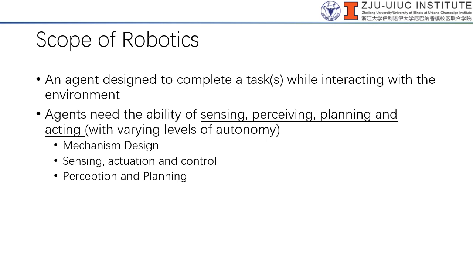When we talk about an agent that is designed to complete tasks while interacting with the environment, the machine you would like to develop should have the ability of sensing, perceiving, planning, and acting. Not necessarily fully autonomous. It can be semi-autonomous.